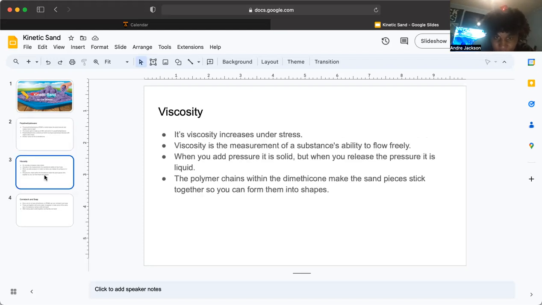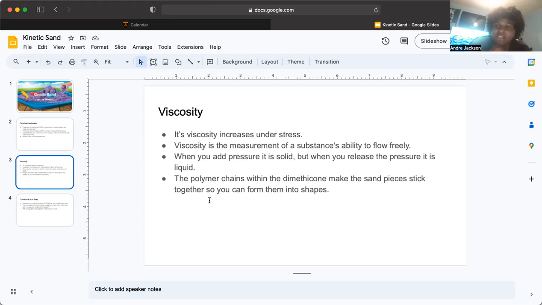More detail on how this works is viscosity. Its viscosity increases under stress. Viscosity is the measurement of a substance's ability to flow freely. When you add pressure, it is solid, and when you release the pressure, it is liquid. The polymer chains within the dimethicone, or PDMS, make the sand stick together so you can form them into shapes.